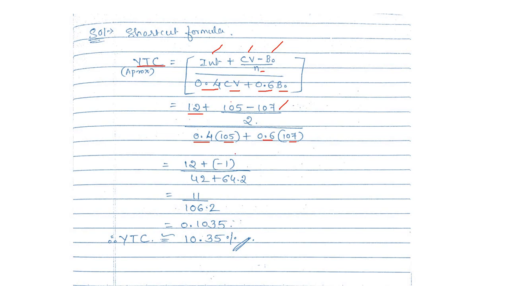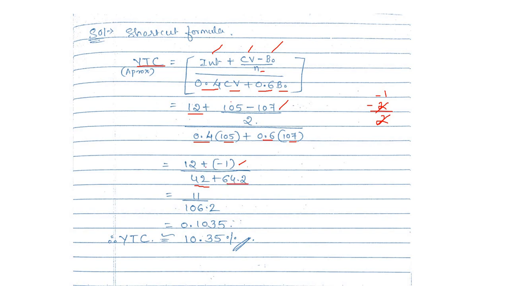Now simplify it. 12 plus remains as it is. 105 minus 107, how much? Minus 2, correct? So minus 2 divided by 2 gets cancelled, and minus 1 remains. Next, divided by 0.4 into 105, which is 42, plus 0.6 into 107, which is 64.2.